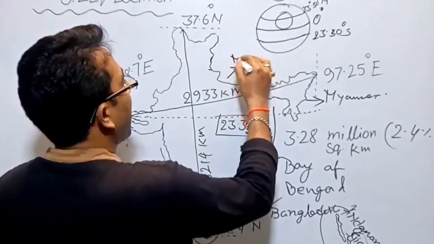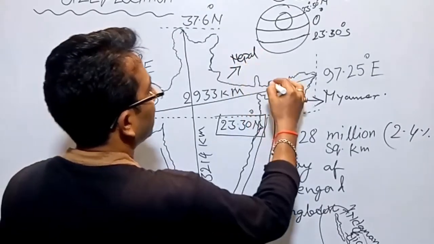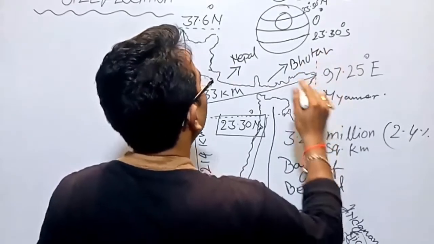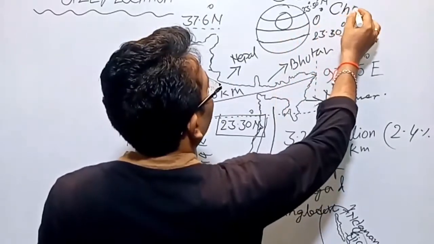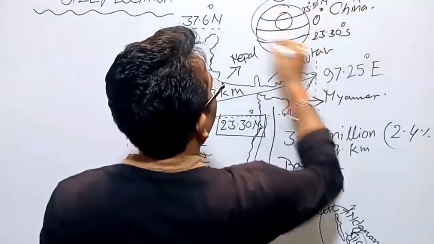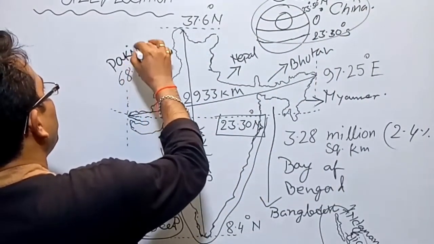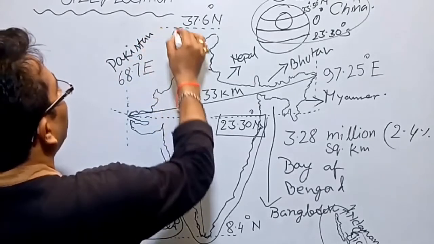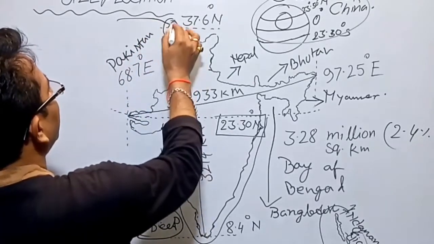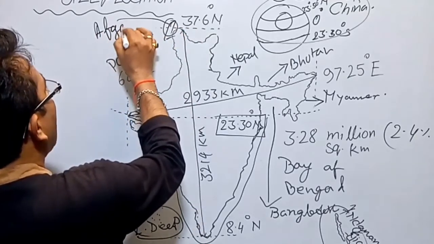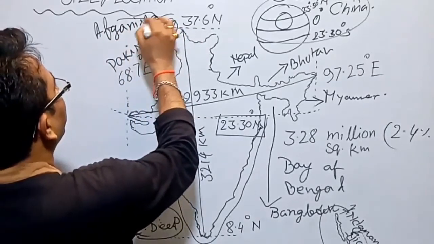Here it is Nepal. Here it is Bhutan. It is China in this part. It is Pakistan. And in this area, a little part, we get a border of Afghanistan.